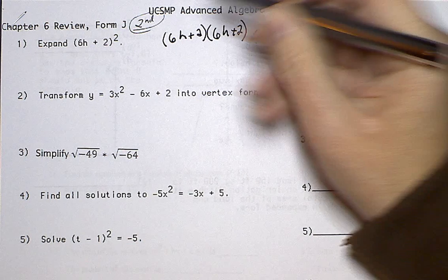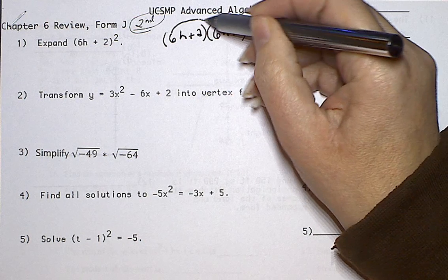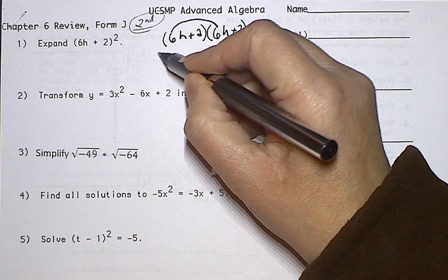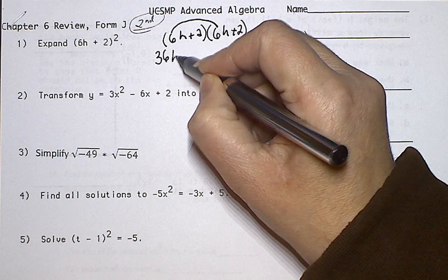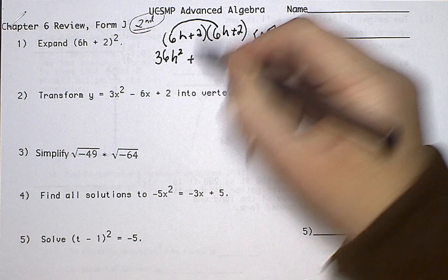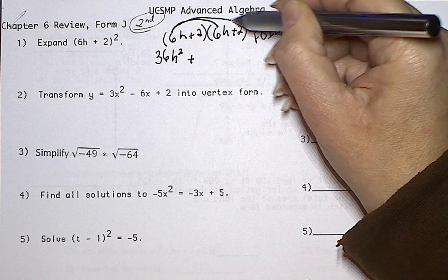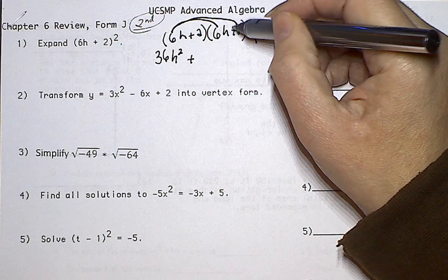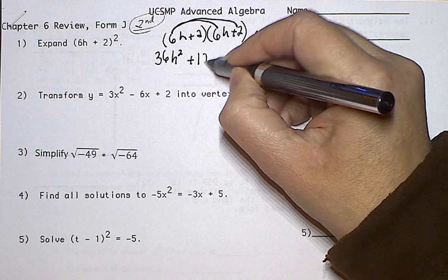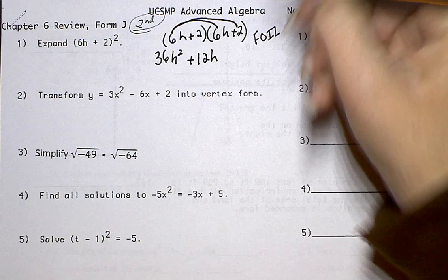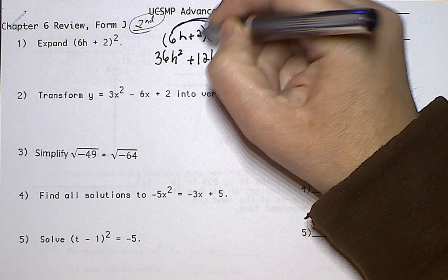So first, we have 6h times 6h, which gives us 36h squared. Plus, then we have outer, 6h times 2, which is 12h. And then we have inner, which is another 12h.